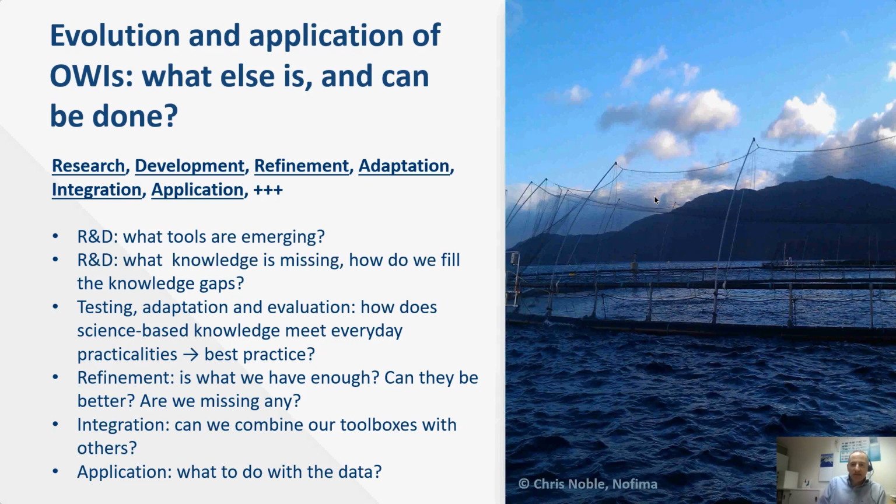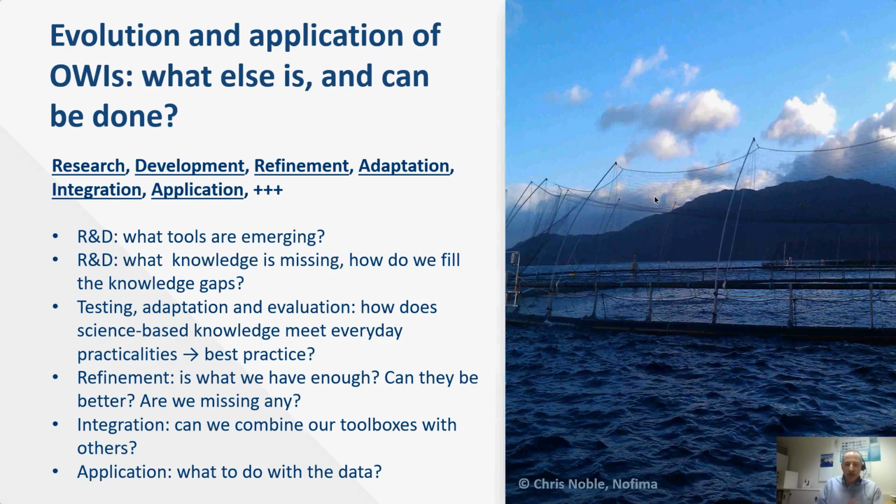Where next? We need more R&D to better identify potential threats, generate new knowledge, and fill the knowledge gaps, and then we can refine, adapt, and integrate different toolboxes, and really evaluate their application to new challenges and rearing systems. Or can we revisit existing challenges with more refined tools?